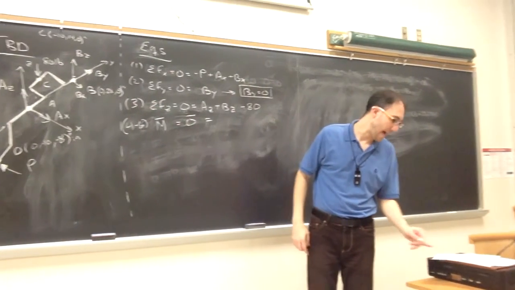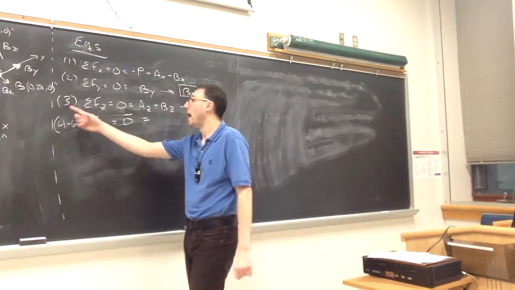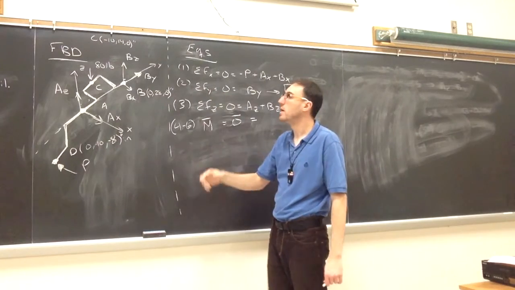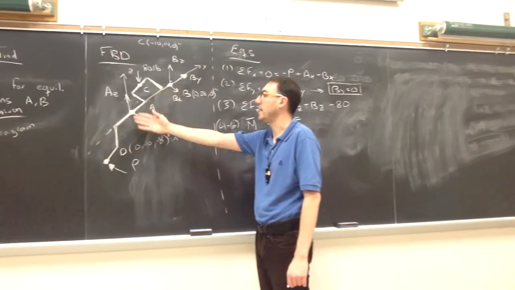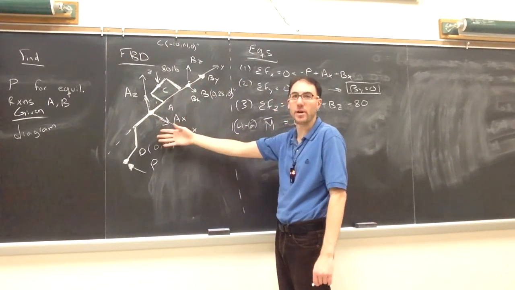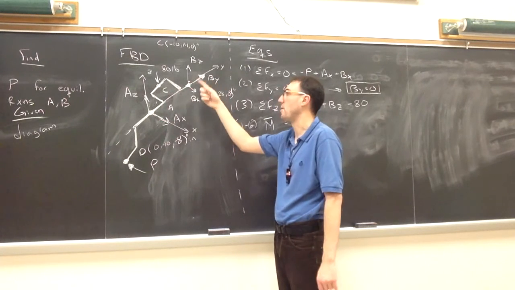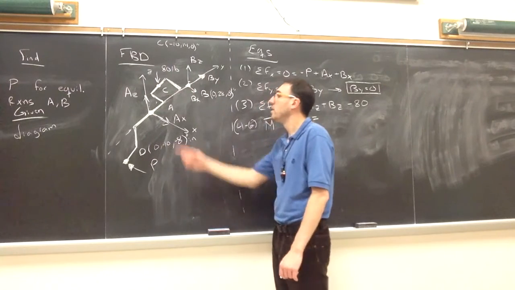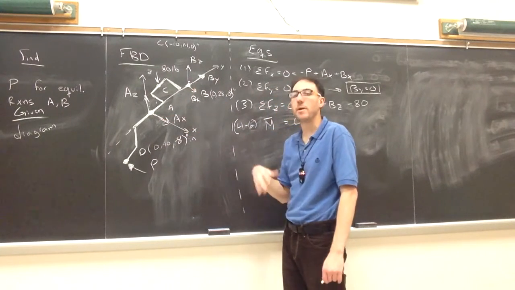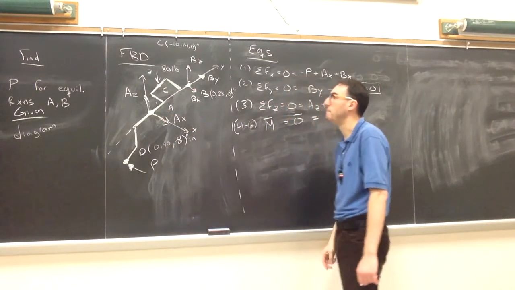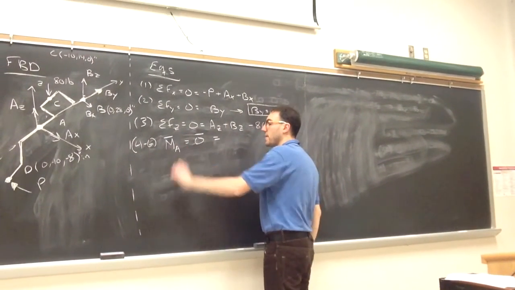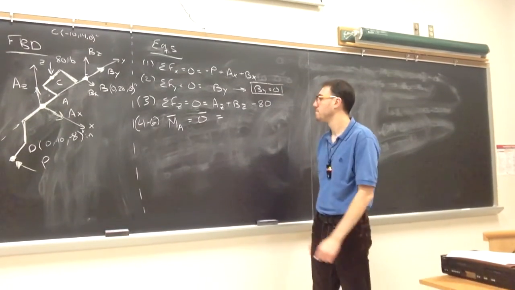In my notes, though, I actually did not do it around B. Based on equation 2, I already know that BY is 0. So with that in mind, I would say A or B are equally good, knowing that BY is 0. And actually, BY goes through A anyway. So in my notes, I chose A. Probably more generally, B would be better if we did not know that BY were 0. So just to follow my notes, I'll do it around A.